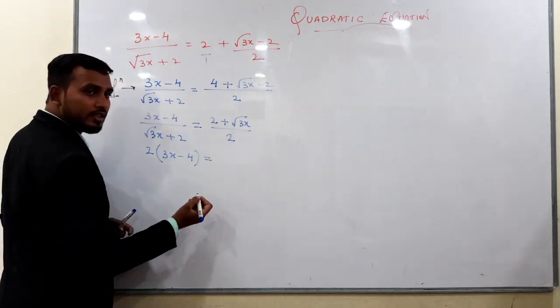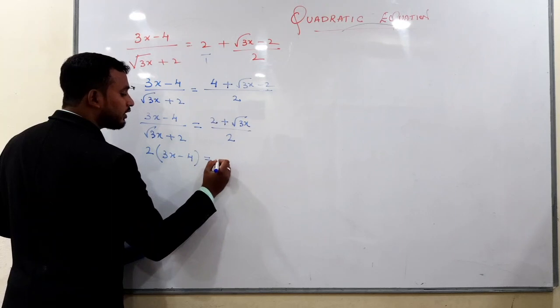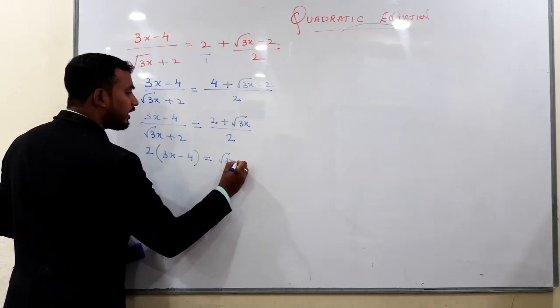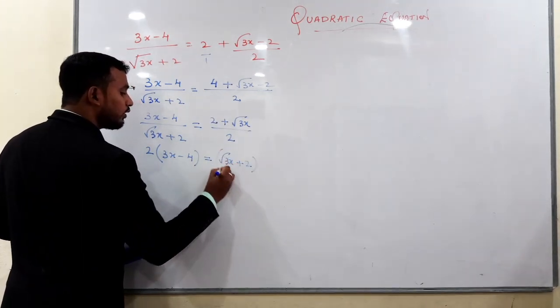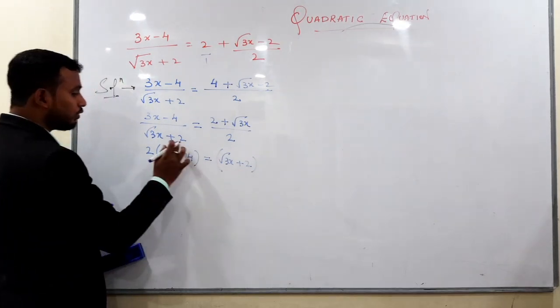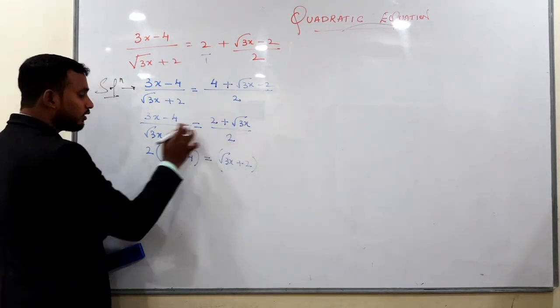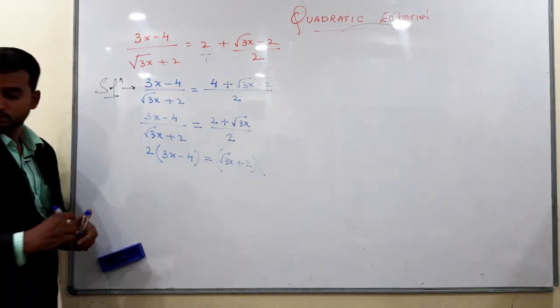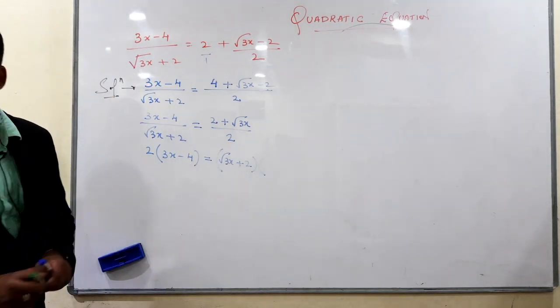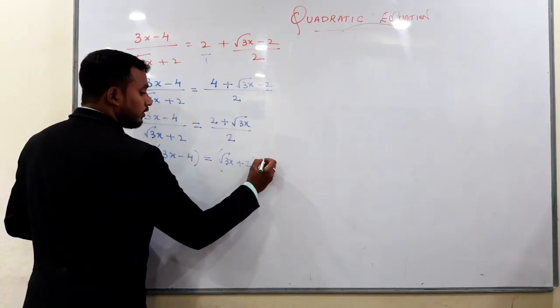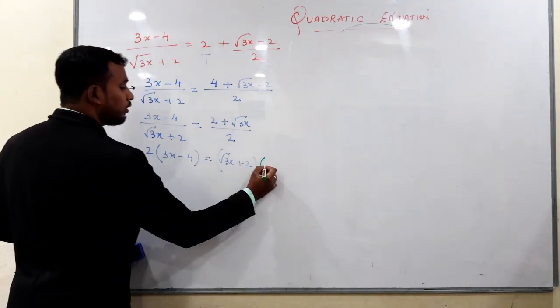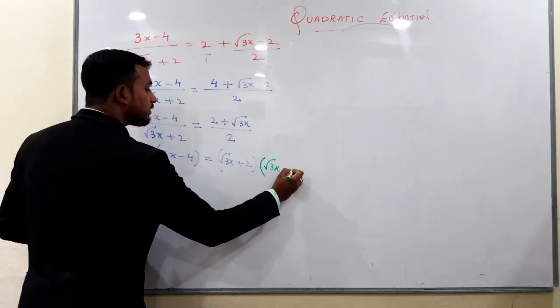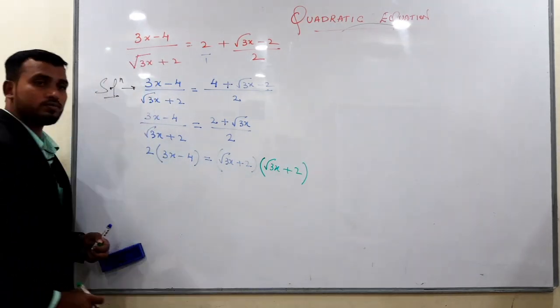So shall we repeat the same thing? Here I am writing these terms as root of 3x plus 2. This term, root of 3x plus 2. Shall we cross multiply this term here? So what is this denominator? Into root of 3x plus 2.